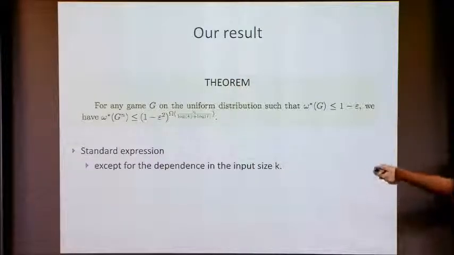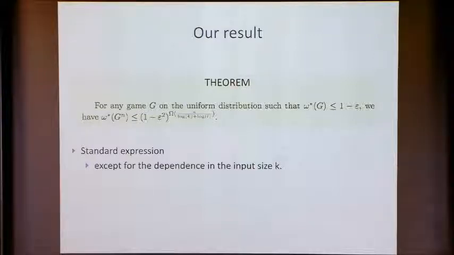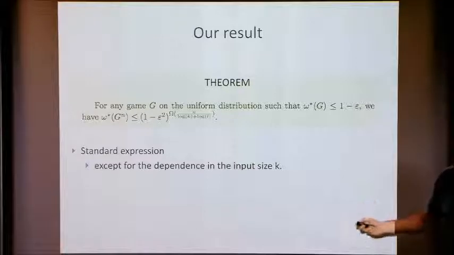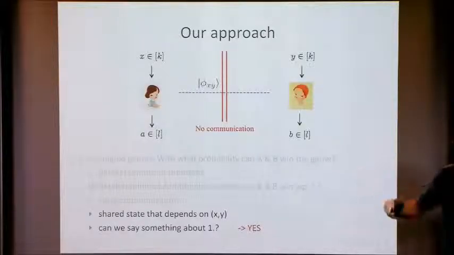These things are pretty standard, except that here there's also log k plus log L. Recall that k is the dimension of the input space, L is the dimension of the output space.